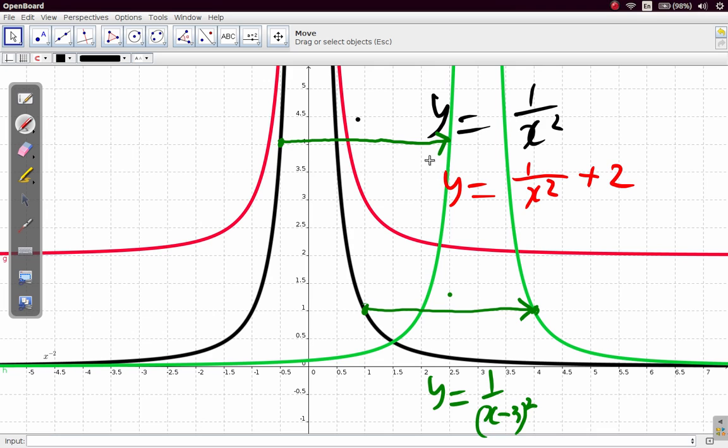Negative half plus 3 gives you 2.5. So that was correct. It's each point shifted 3 units to the right. The black graph shows the general shape of y equals x raised to the power of negative 2, which is the same as y equals 1 over x squared, right? Alright, so I'll see you in the next video.